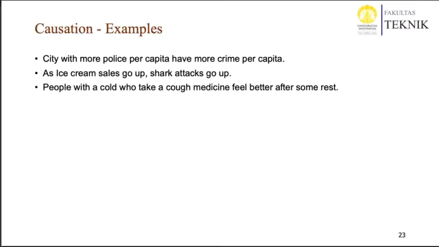How can we correlate this causation example? What do you think? It does not necessarily correlate with each other, but if we draw a graph or diagram, we can find this correlate very highly.